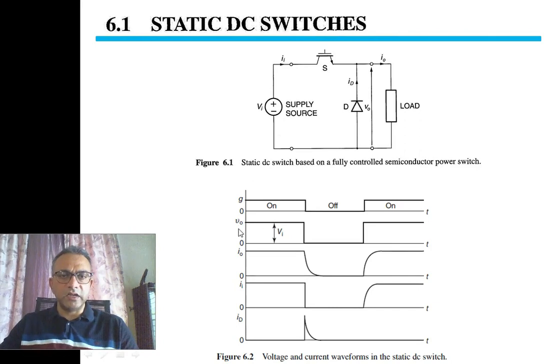Therefore, in the second graph, V out, the output voltage is essentially equal to the input voltage, and this output voltage will remain equal to input voltage as long as the switch remains turned on.